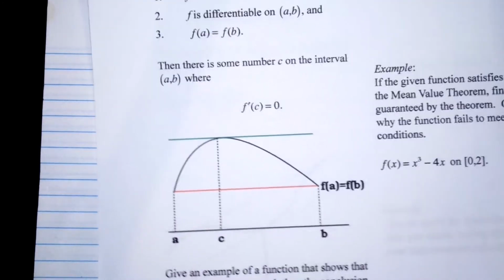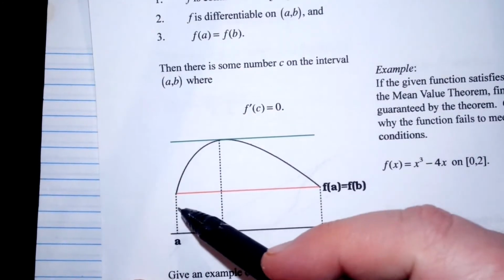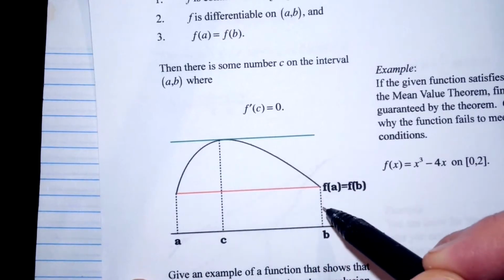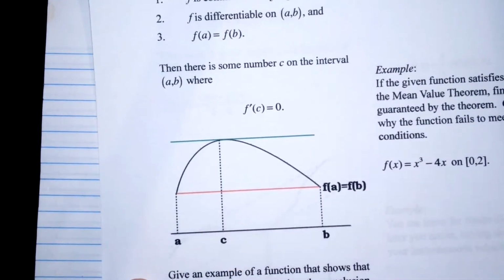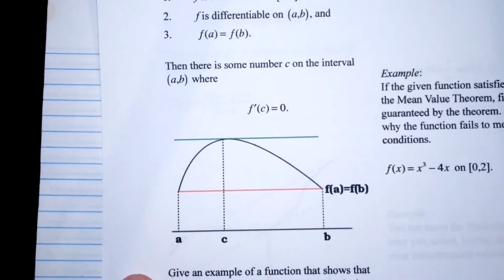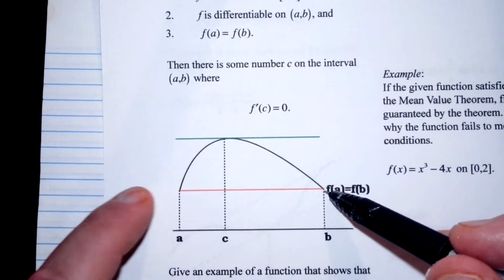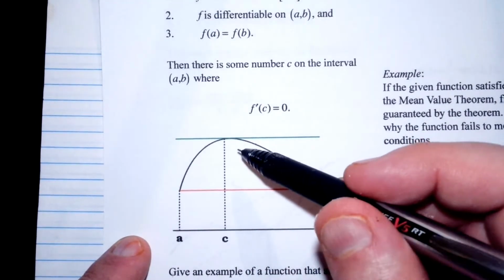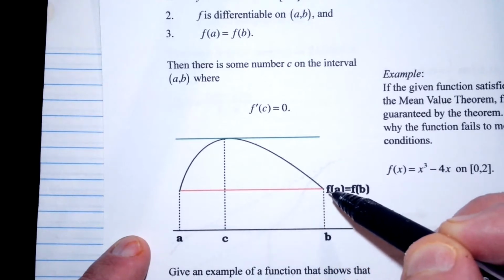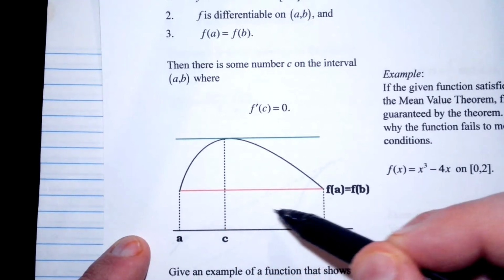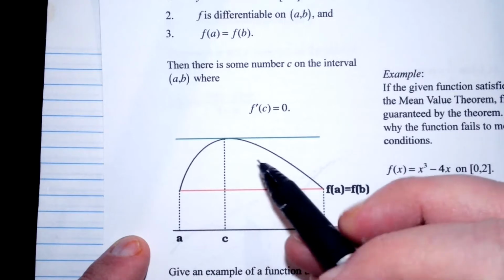So here's a diagram. First of all, the function is continuous on the closed interval from a to b. It may not be differentiable at the endpoints, but we also have that f of a equals f of b, so these y-coordinates are the same. Well, if the graph went straight across, then there would be plenty of places where the derivative was 0.